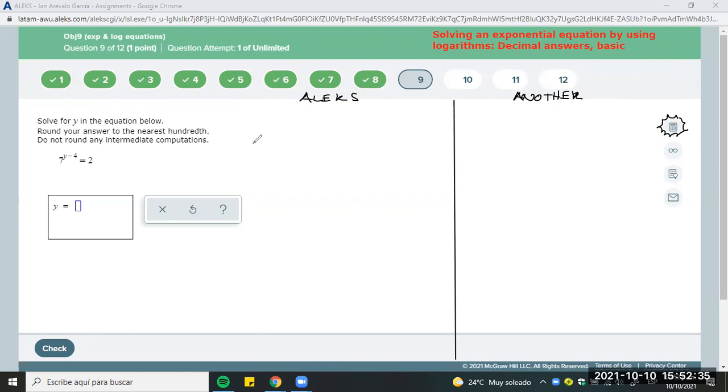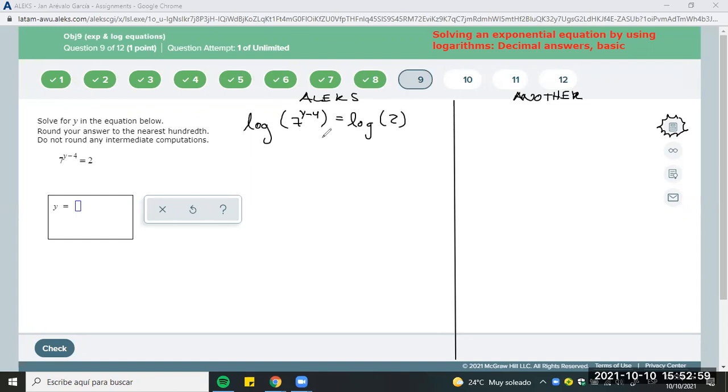So we want to have logarithm base 10 or natural logarithm as the base of our logarithms. So I'm going to put logarithm base 10 of 7 to the y minus 4 and logarithm base 10 of 2 in the right hand side of the equation.